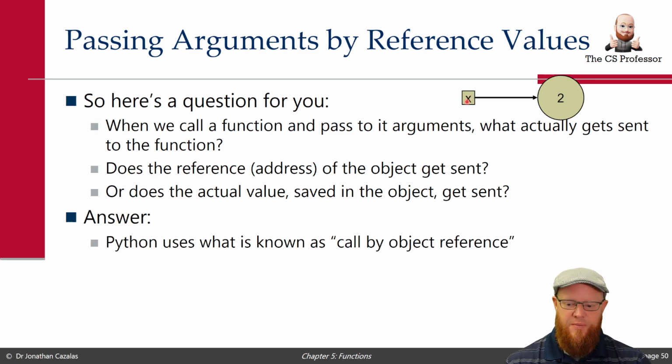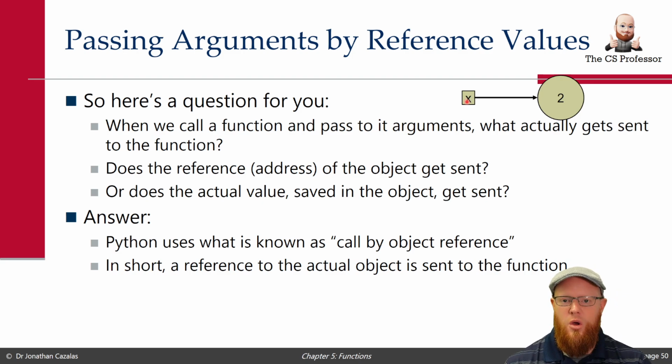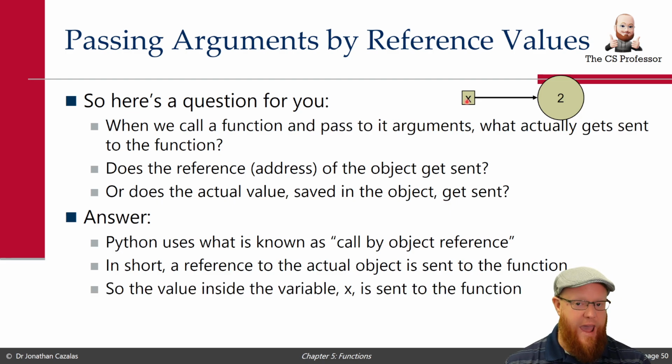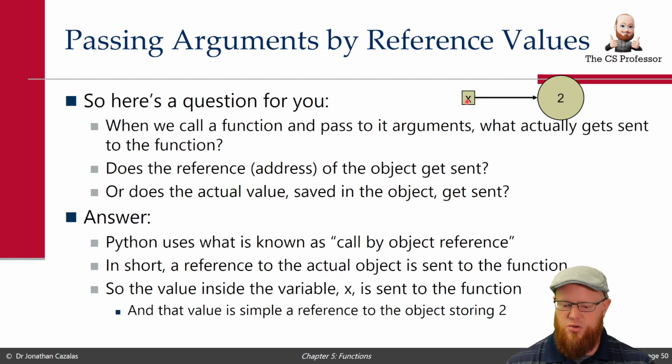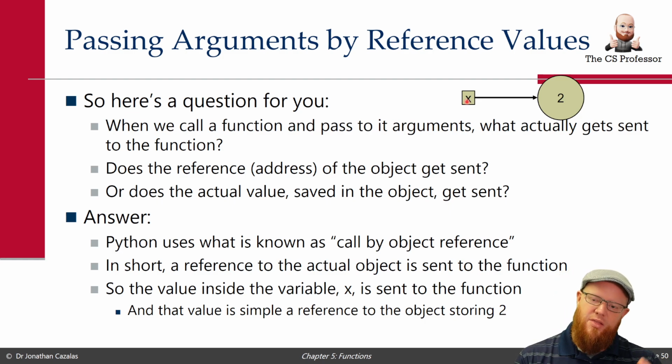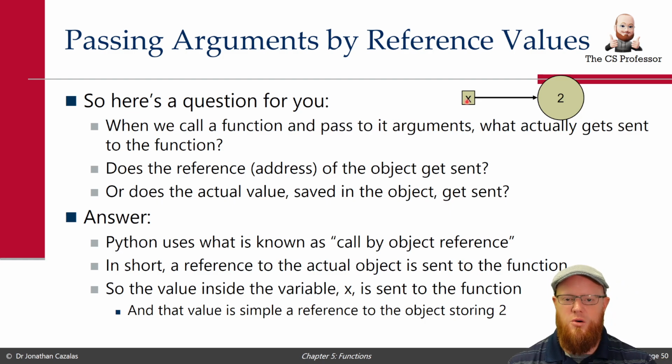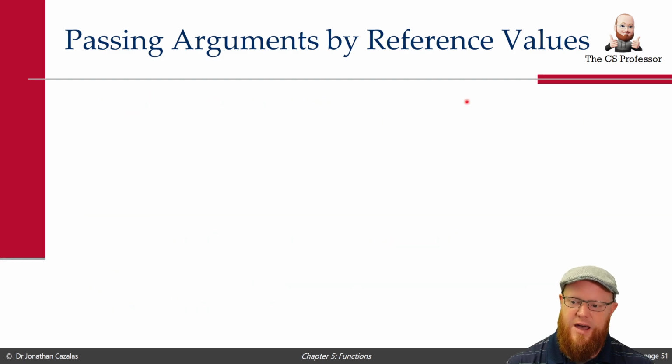The answer is Python uses what is called call by object reference. In short, what is sent to the function is the actual address that is stored inside X. Not the number 2, it's the actual address that is sent over to the function. And then in the function, we can then go to that address and get that value number 2.